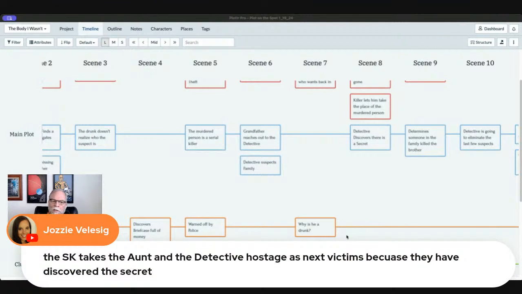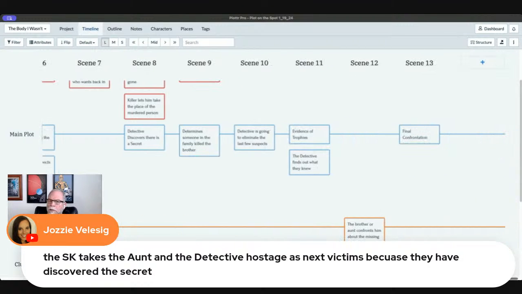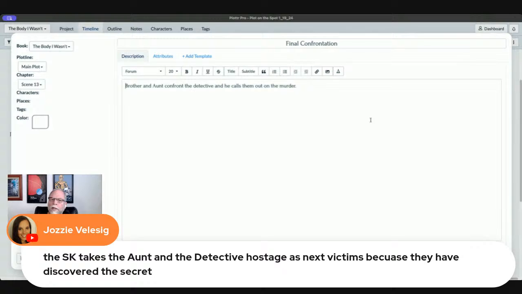Okay. Serial killer takes the aunt and detective hostage as next victims because they've discovered the secret. That is an interesting thing. Now what we had was the aunt was in on it, but in this case the detective is taken hostage and must escape, when they are about to kill him.